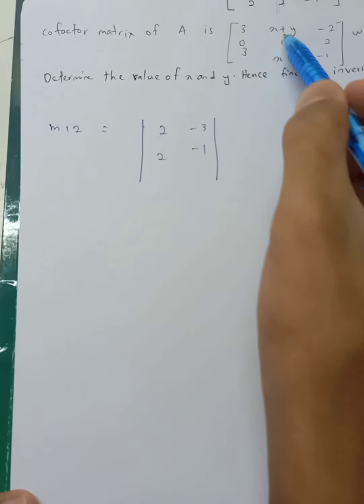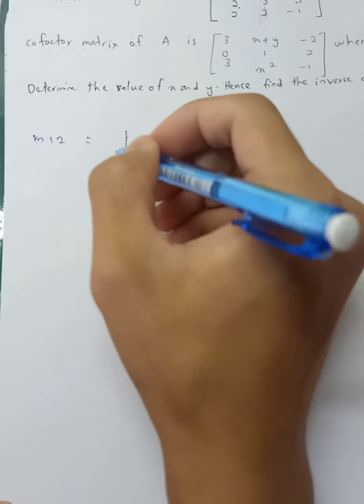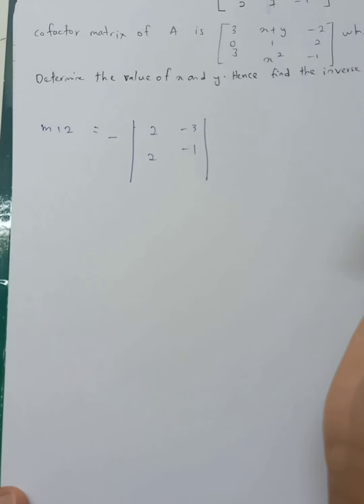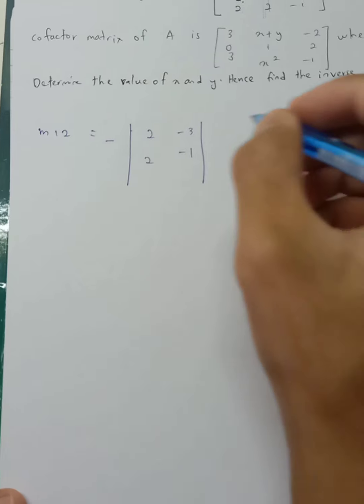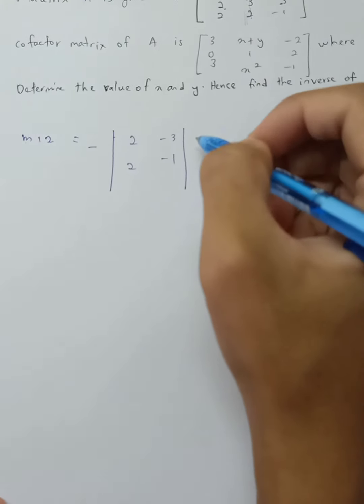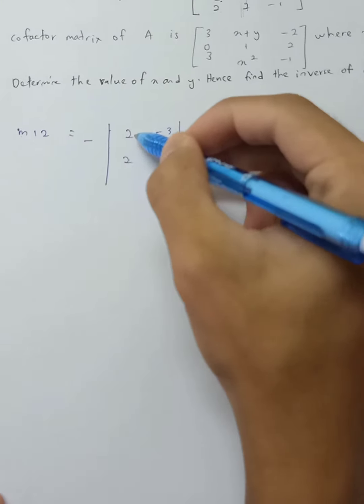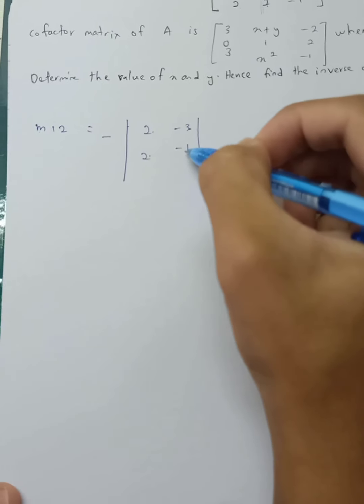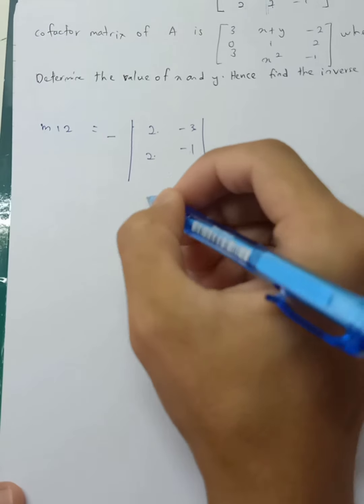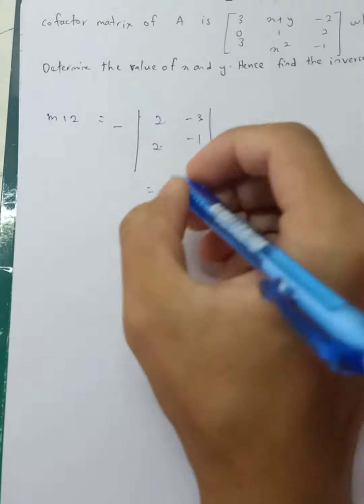In the cofactor, the M12 location is negative. So we use the formula AD minus BC, with A, B, C, D, and we get negative 4.